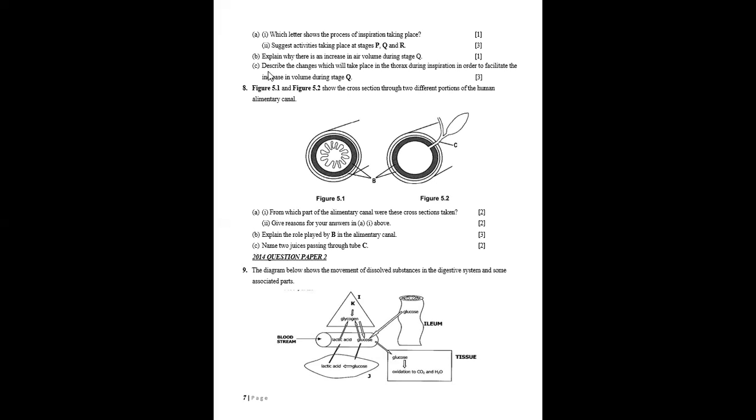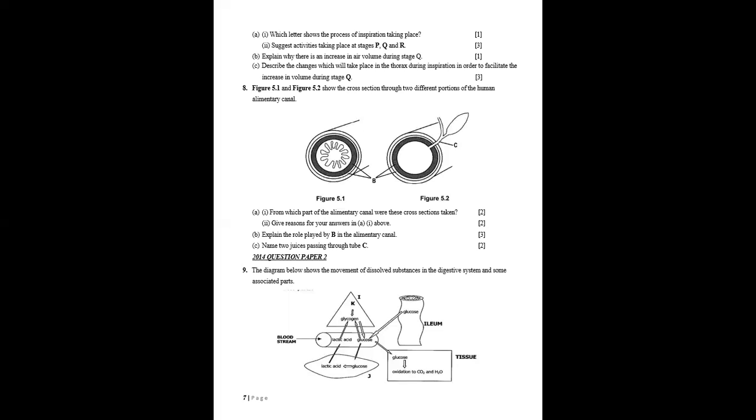Describe the changes which will take place in the thorax during inspiration in order to facilitate the increase in volume during stage Q where you are exercising. The diaphragm contracts and moves downwards, flattens.